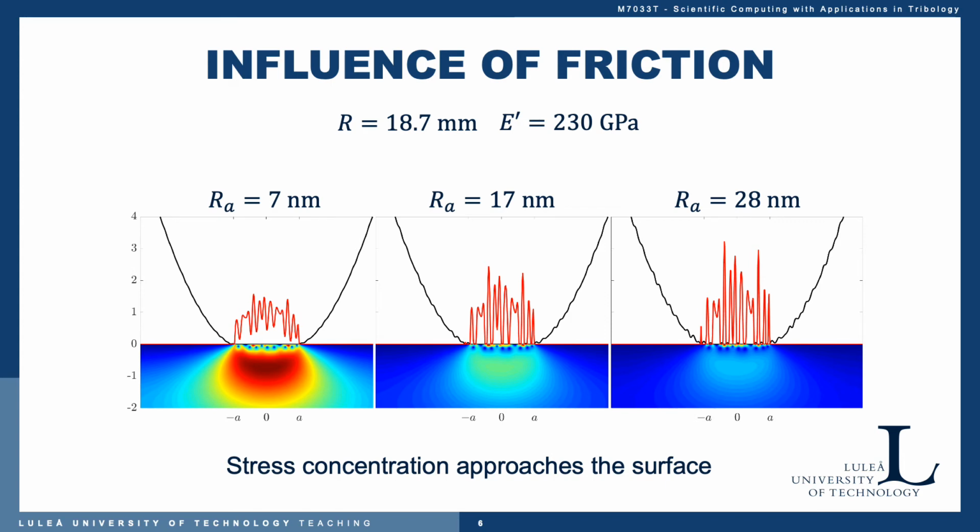The change caused by the friction without any roughness was quite small compared to what happens when we add a little bit of roughness, as can be seen here. On the leftmost figure we see the stress field for a relatively smooth but yet rough Hertz case.